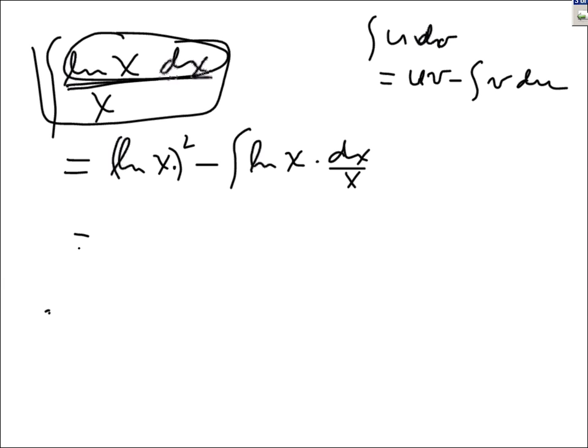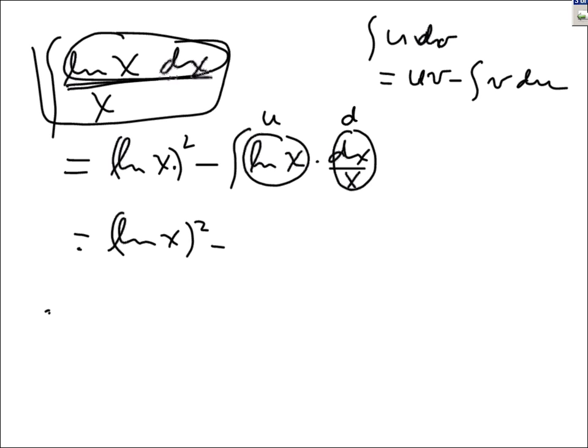So we have ln of x squared minus, if u equals ln of x, then du will be 1 over x dx, which is dx over x. You have the integral of u du. Okay, so that's going to give you u squared over 2.